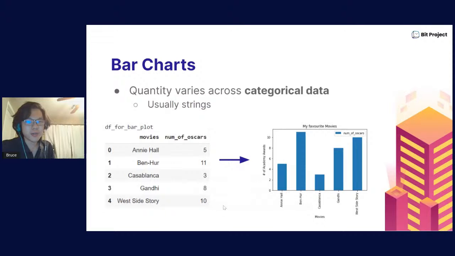But in bar charts, we're associating values to categorical data. This categorical data is not numeric. Annie Hall is not the number 1. We're saying that the number of Oscars, 5, is associated with the category Annie Hall, and 11 with Ben-Hur, and so on and so forth.